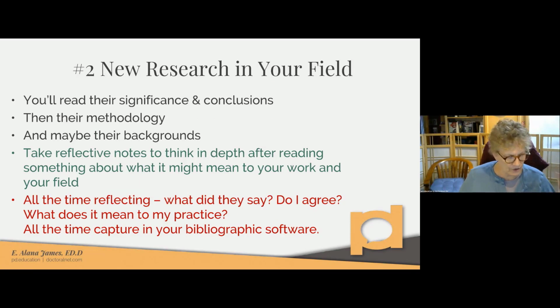Now, it's different to read new research in your field because you don't know if it's going to affect what you do or not. You haven't brought it in because of that. You're in a place where you just kind of want to see what's happening. And one way to do that I find very useful is ResearchGate and academia.edu.